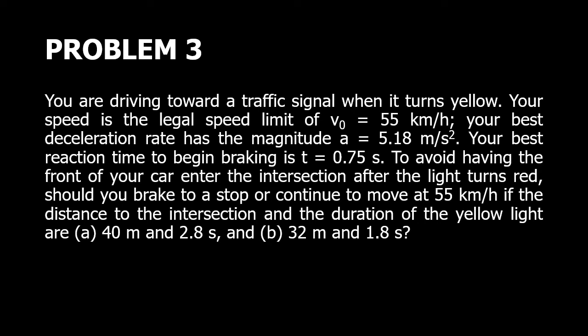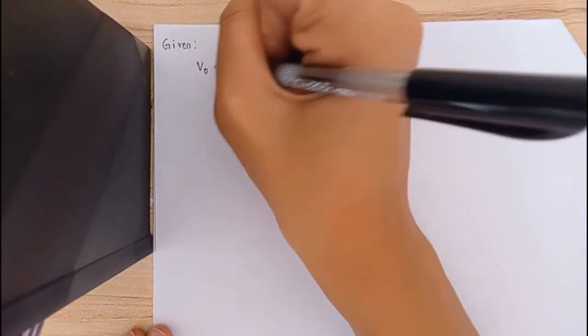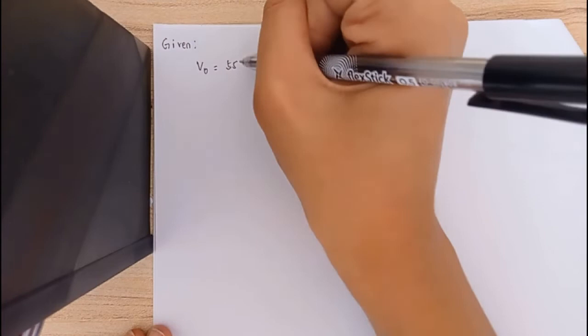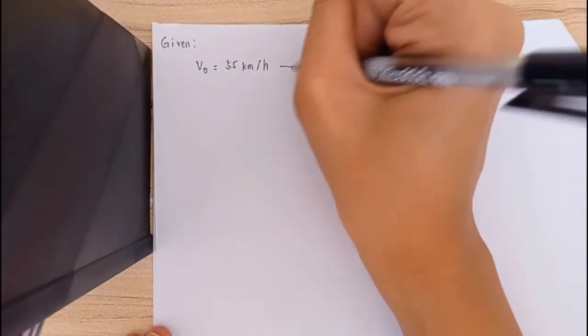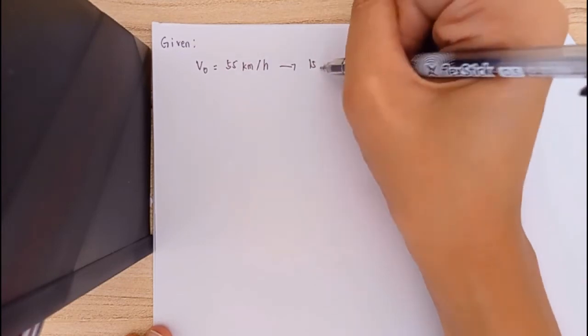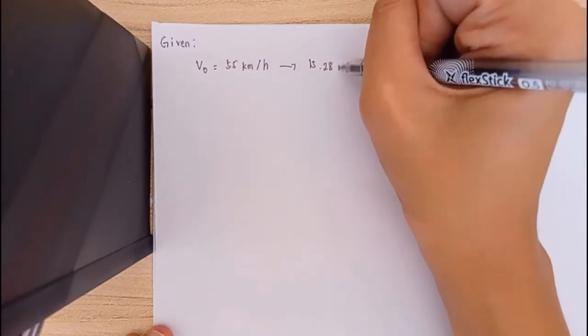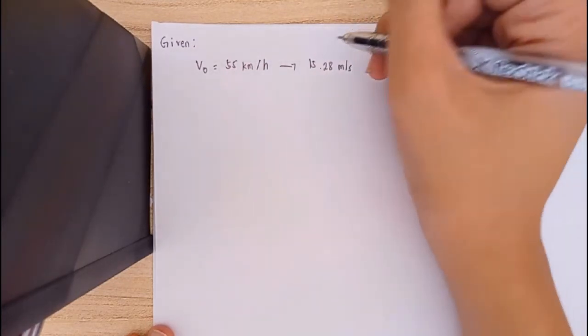So let's solve. Let us first write our given. Our v sub 0 is equal to 55 km per hour, but we need to convert it into meters per second. That will be 15.28 meters per second.